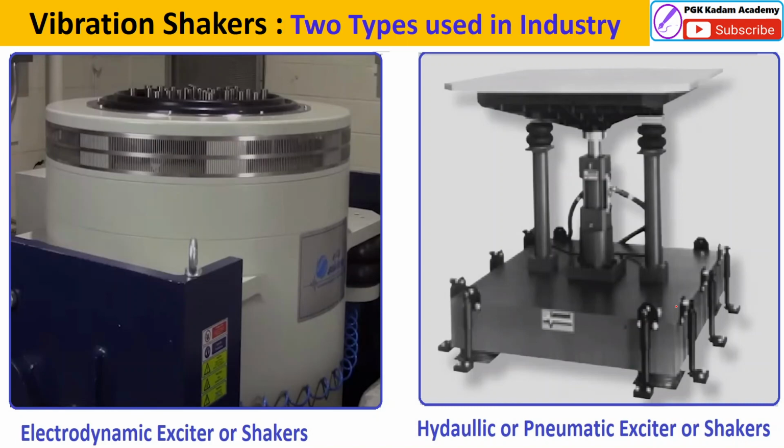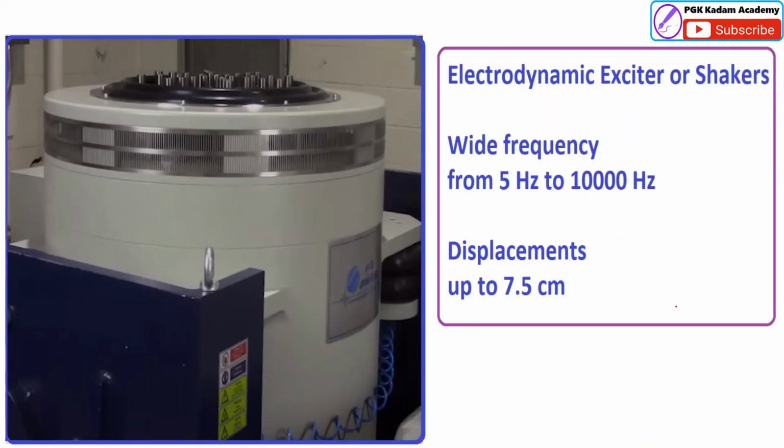Friends, now we are going to study the other two types: electrodynamic exciters or shakers, and hydraulic or pneumatic exciters. Electrodynamic exciters, the shakers, can create a wide frequency range from 5 Hz to 10,000 Hz.